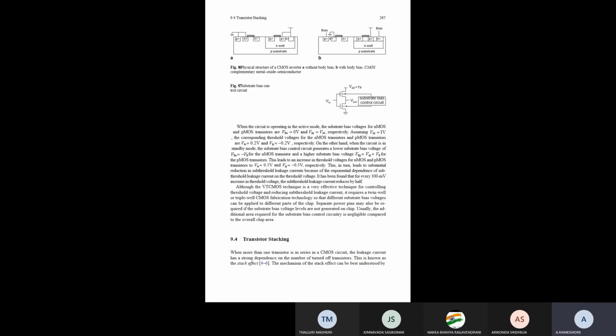So, hello everyone. We are discussing some of the techniques to reduce leakage power that will be introduced in a VLSI circuit.